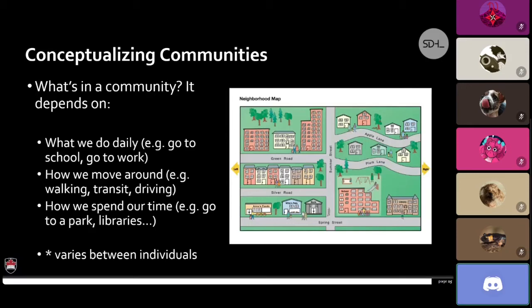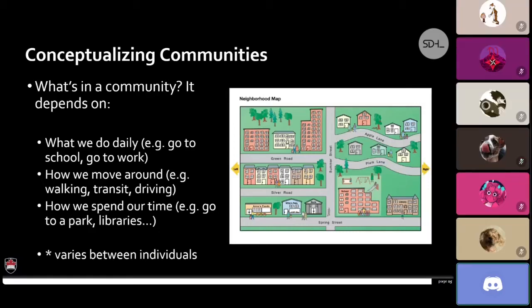For some, it will depend on your daily activities: where you work, where you go to school, where you go to get groceries, and the like. It also depends on how you move around. If you're walking, your conception of the community is more likely to be the places you can walk to, versus someone who drives around their community, whose conception is more based on what's easy to drive to.